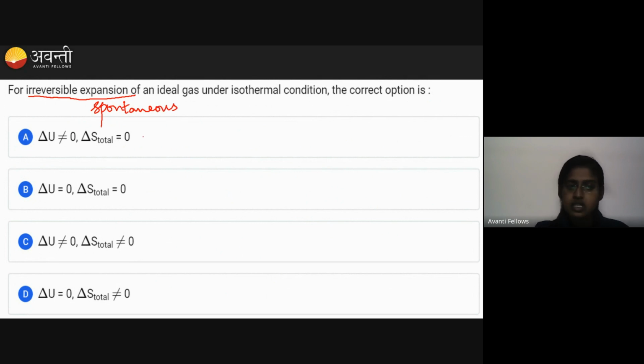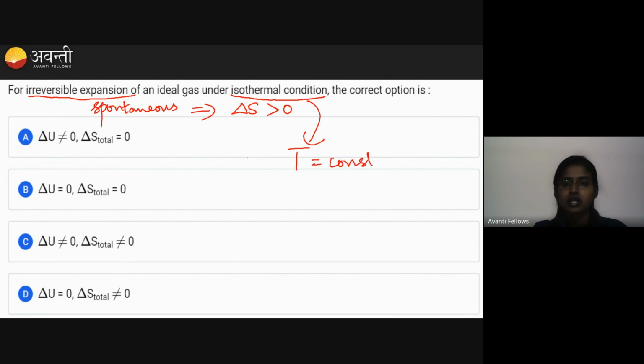So for all spontaneous processes, delta S value, that is entropy value, will be greater than 0. So this is the condition. And what other information do we have here? Isothermal. Isothermal means what? Temperature is constant. This is the one more piece of information we have in the question.